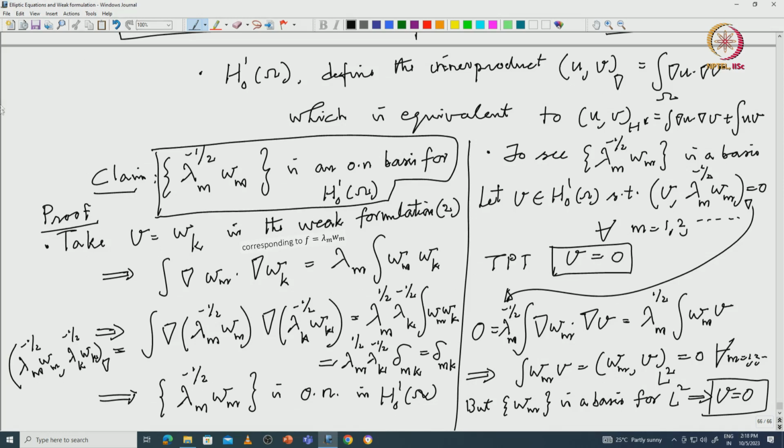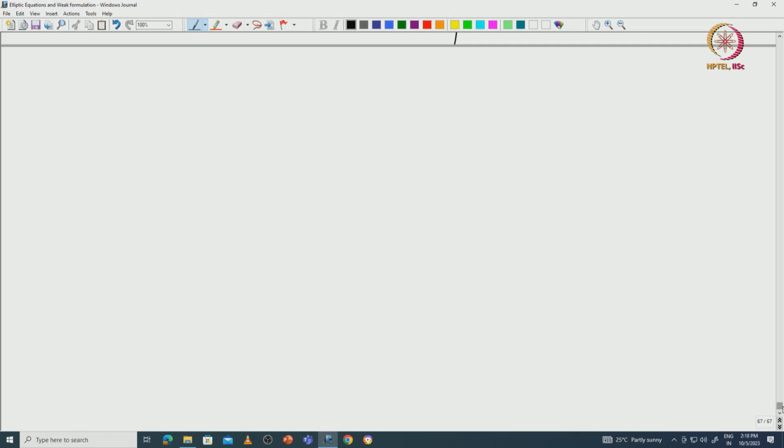All right. So now with this interesting thing, we go to what is called the Rayleigh quotient characterization for lambda m.